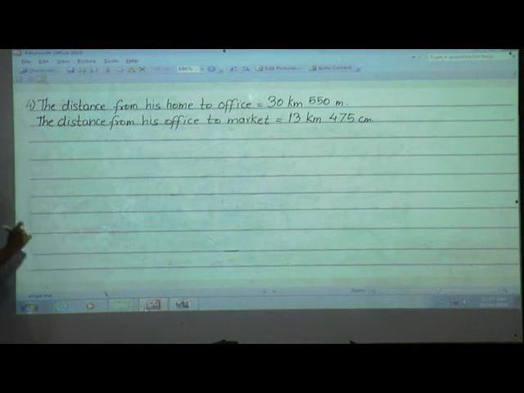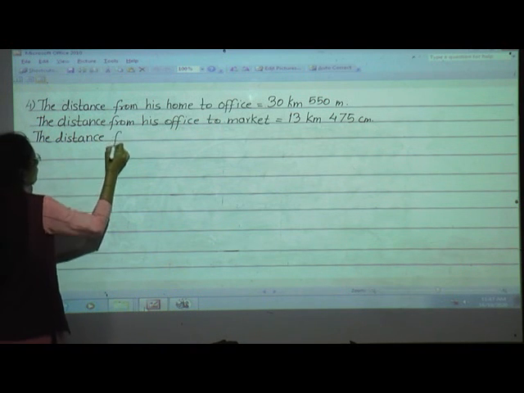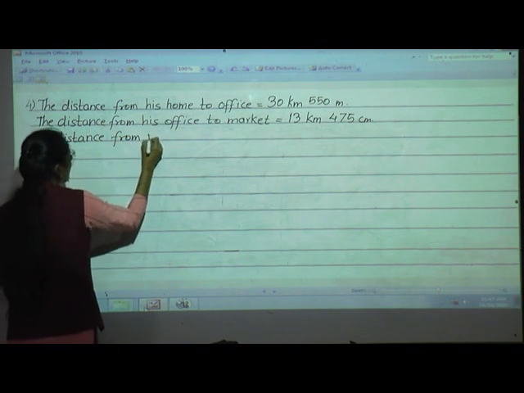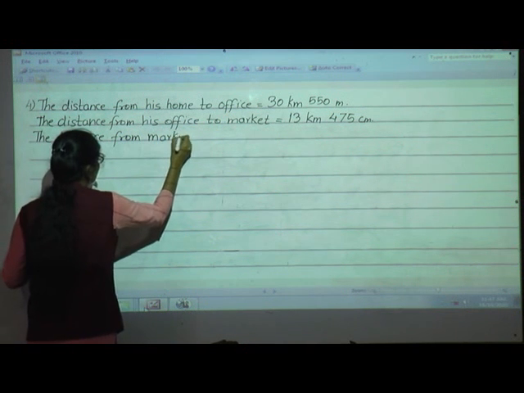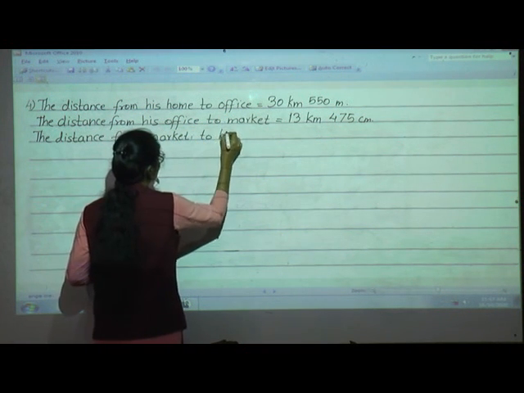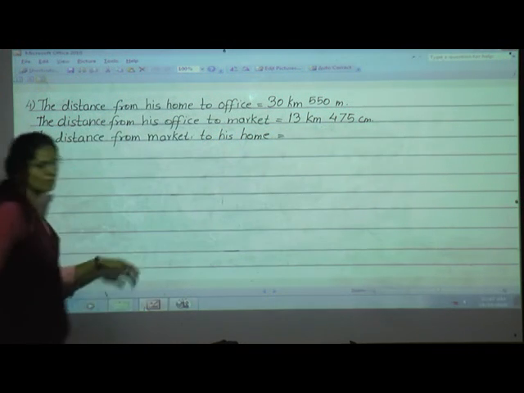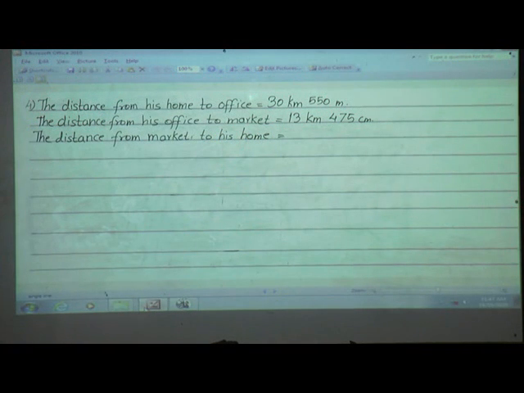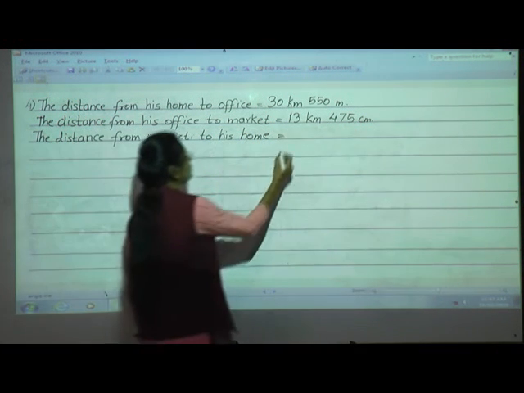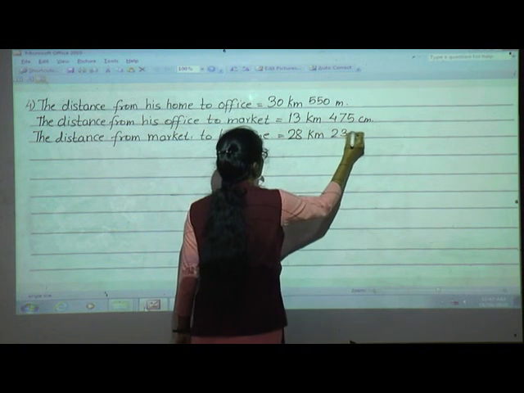And then finally the distance from the market to his house is equal to, yes, what was the distance? 28 kilometer 30 meter.